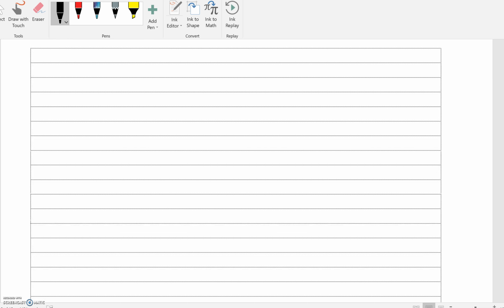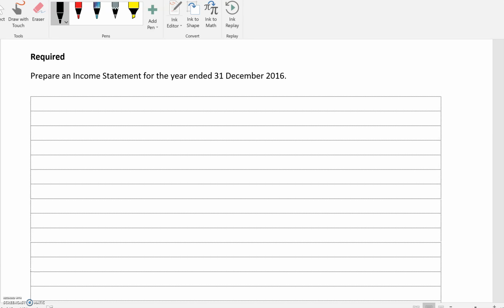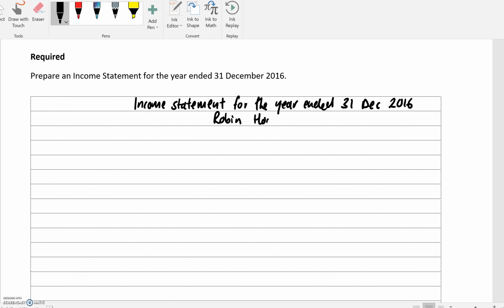Okay. So with an income statement, it's a habit to get yourself into writing the title first. So it would be income statement for the year ended on the 31st of December 2016, and the name of the person is Robin Hood.